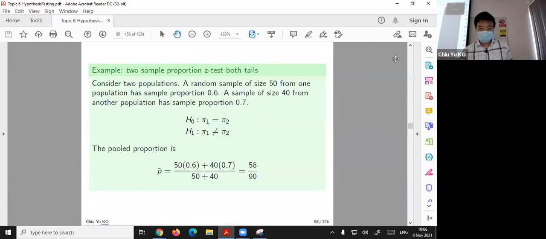So now we have this. This is a very simple exercise. You have two populations. The first is a random sample of size 50, and the sample proportion is 0.6. The other has sample size 40, and the sample proportion is 0.7. So basically, as an example, consider a mirror event.